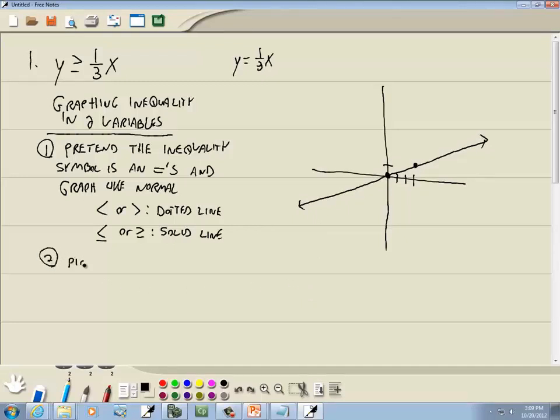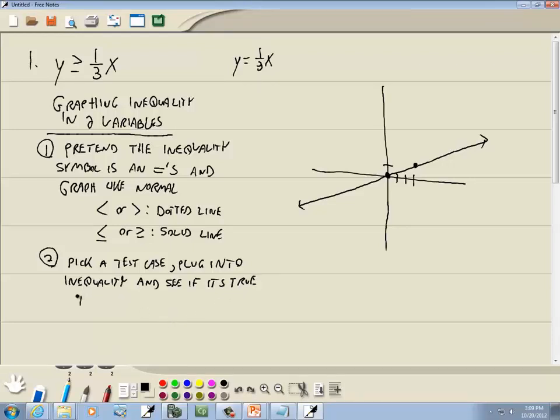Step 2. Pick a test case. Plug it into your inequality and see if it's true.